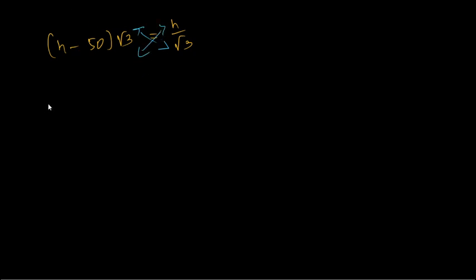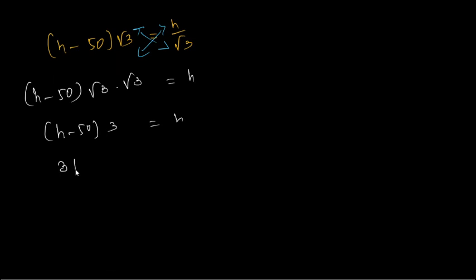So we get H minus 50 into root 3 and this multiplication root 3, that is equal to, and here it is 1, so 1 into H, right? Now we can multiply root 3 into root 3, 3. So H minus 50 into 3 is equal to H. So 3H, you can further expand, 3H minus 150 is equal to H. So 3 into H, 3H, 3 into 50, 150, and this is H.